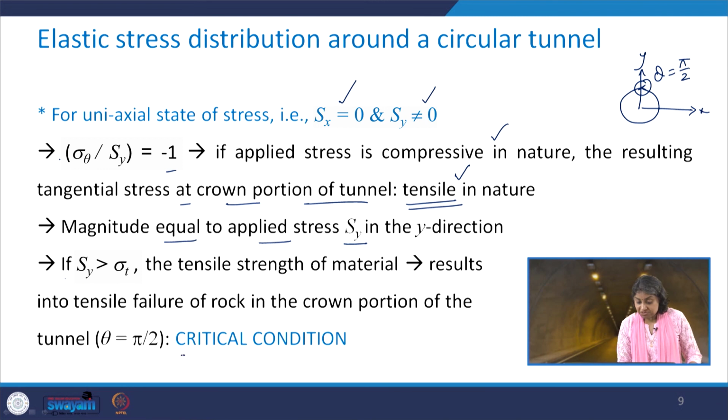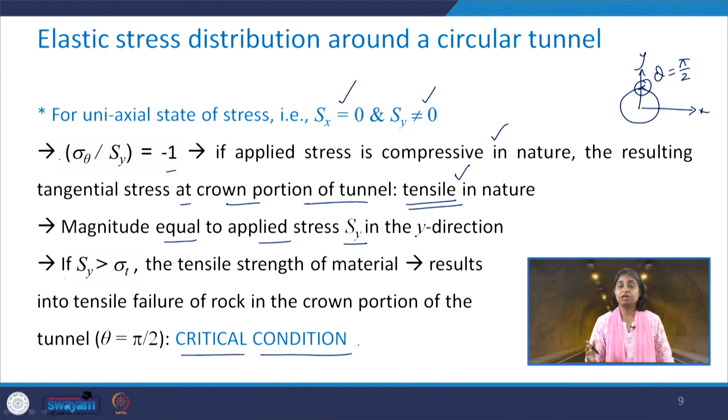So, this becomes a critical condition. You should keep in mind that for the uniaxial state of stress, in case the tunnel is subjected to only vertical stresses, in the crown portion of the tunnel there is going to be the occurrence of tensile stresses, and that makes that portion very critical.